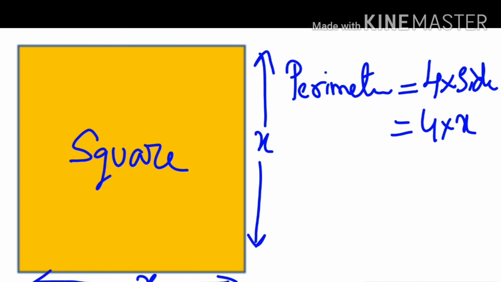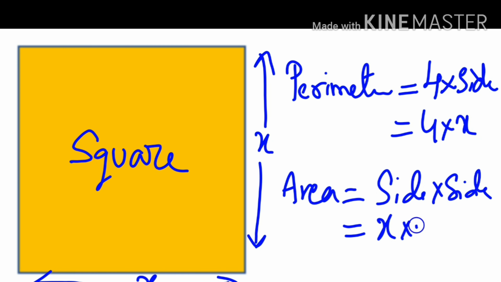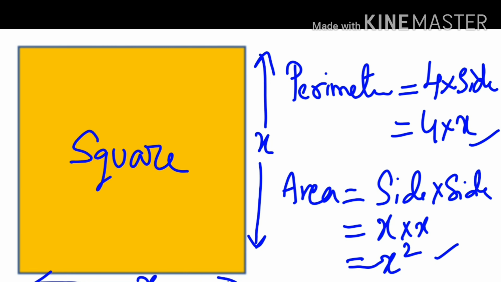And the area is side into side, that is x into x, which gives x square. So these two are also algebraic expressions where x is the variable.